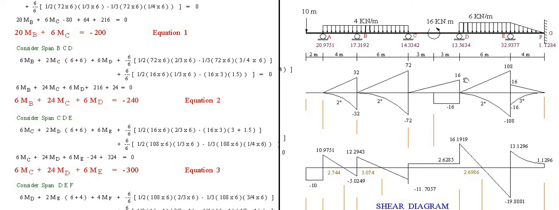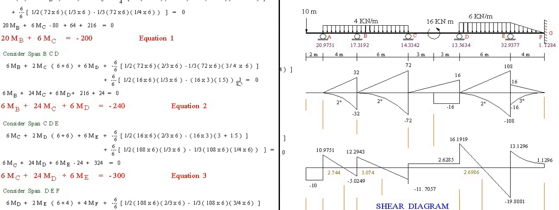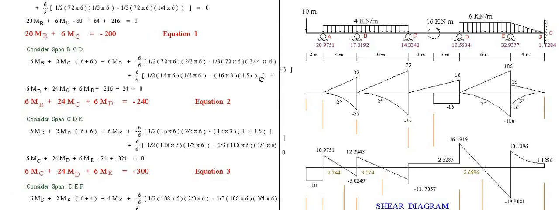Then for the area, 1/2 6 times distance of 1/3 of 6, minus the rectangular area 16 by 3. Then distance from the right is half of 3 is 1.5. Then equate to 0 because there is no settlement.